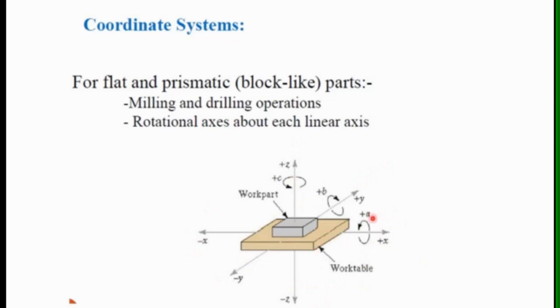Rotational axes about these linear axes are also possible. This coordinate system is used for flat and prismatic parts, where milling and drilling operations can be carried out on the work part.